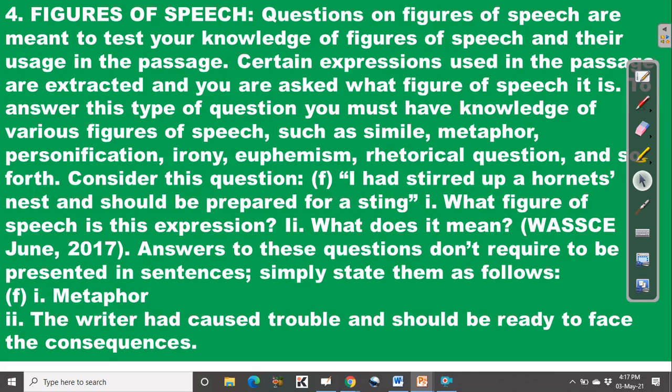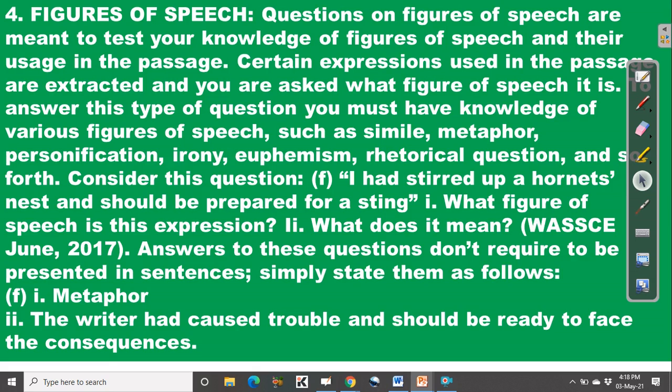To answer this type of question, you must have knowledge of various figures of speech such as simile, metaphor, personification, irony, euphemism, rhetorical question, paradox, and so on. Now consider this question: "I have stirred up a hornet's nest and should be prepared for a sting."